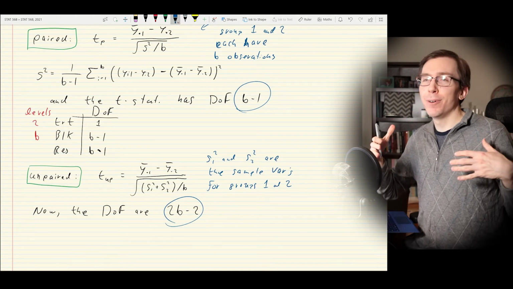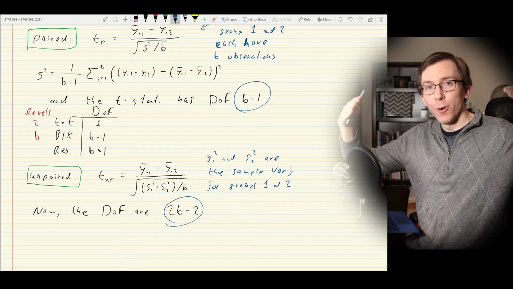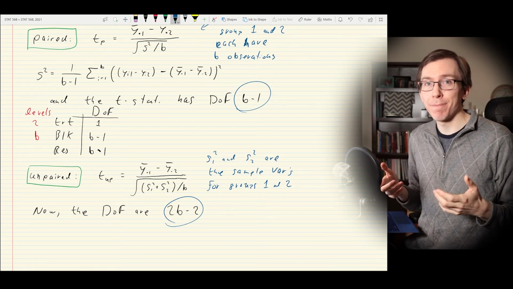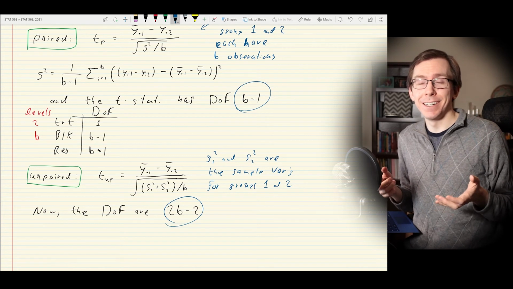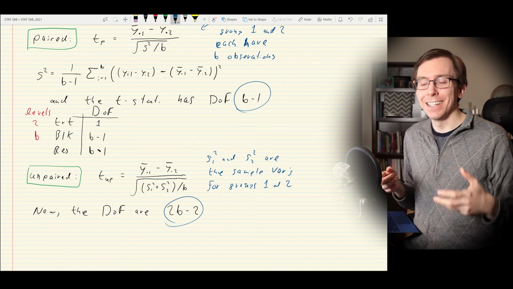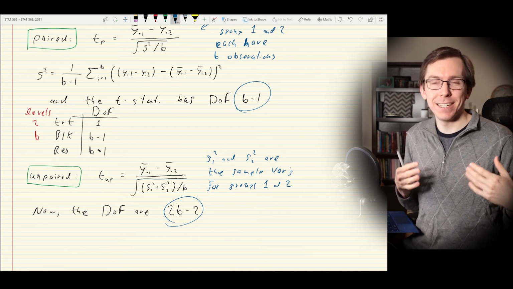As I said before, when we go from an unpaired to a paired test, or from no blocking to a blocked test, we lose degrees of freedom. That could hurt our ability to reject the null hypothesis unless the block or the pairing is very important to the data.